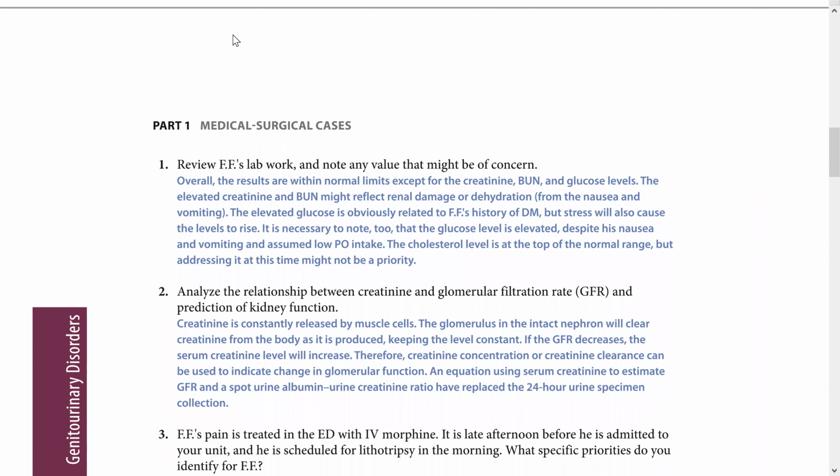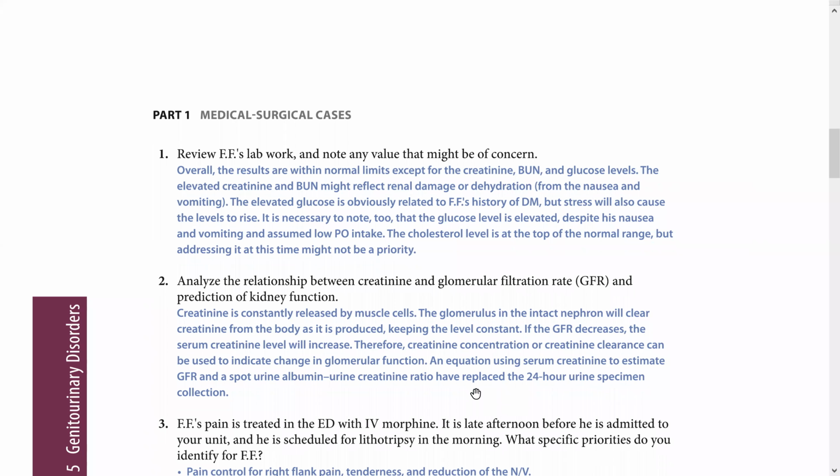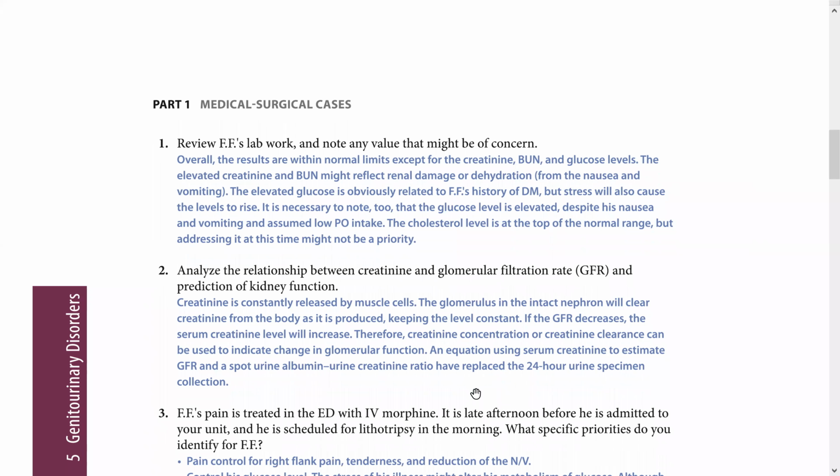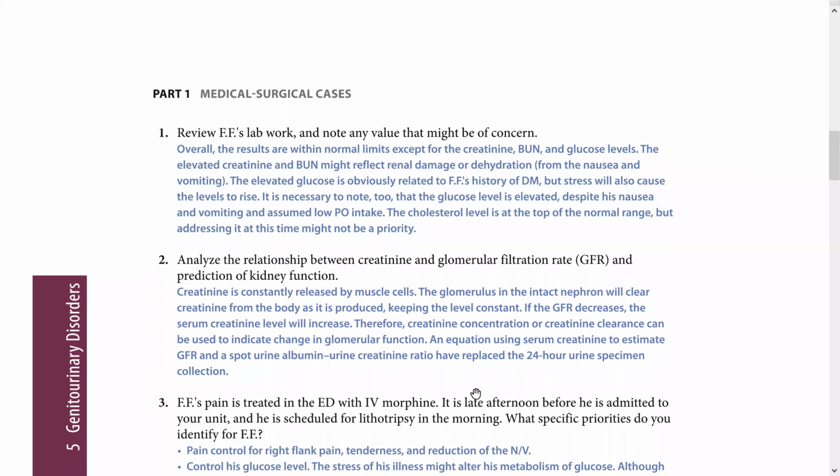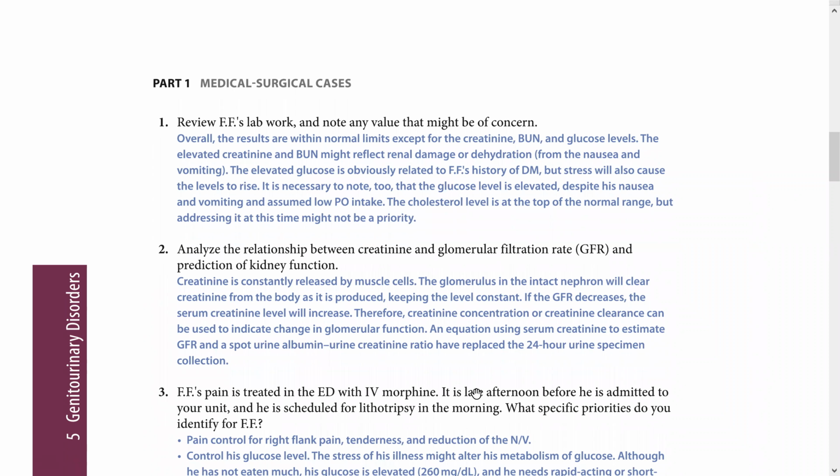So, yes, we're going to explain the procedure. We want to make sure they stay hydrated. Anything else? So, some specific priorities: pain control. When they go, strain the urine, check for hematuria. So, pain control, we want to reduce tenderness, reduce nausea, vomiting, control the glucose levels, because of the stress of the illness, the glucose levels can become elevated.